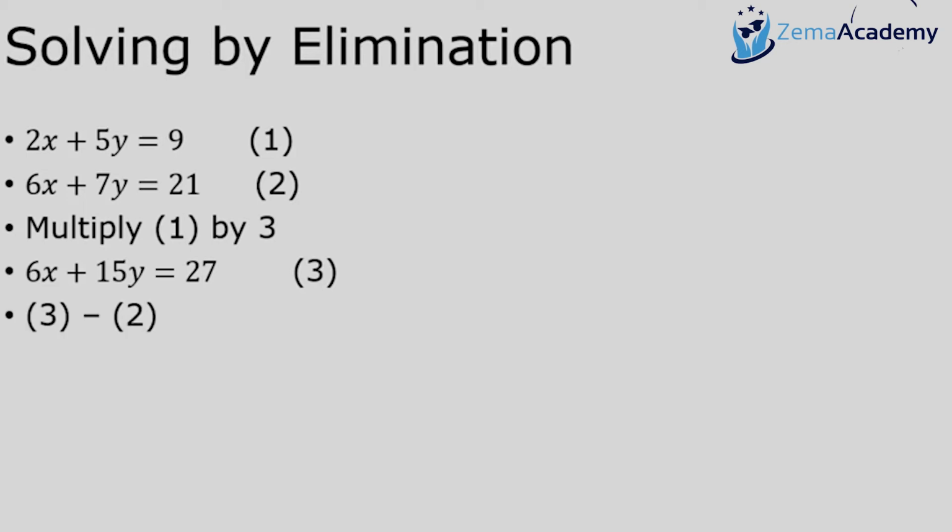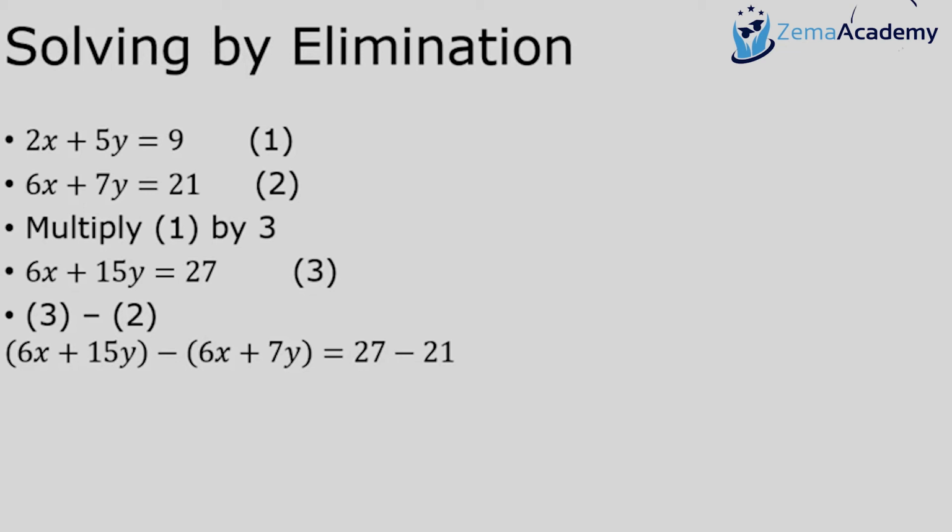So now, I'm going to take away equation 2 from equation 3. So I've got 6x plus 15y all in brackets minus 6x plus 7y equals 27 minus 21.